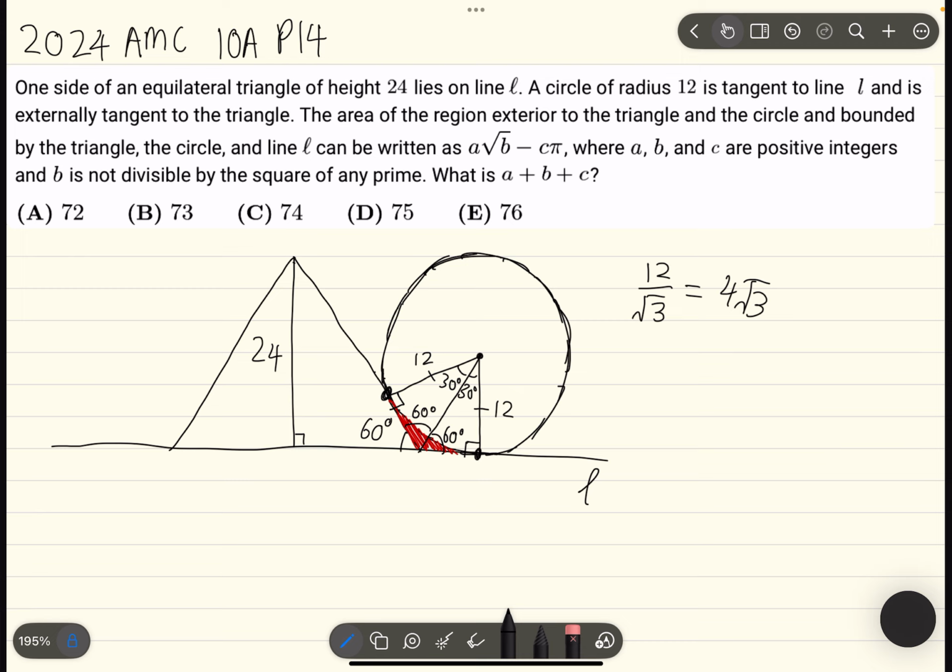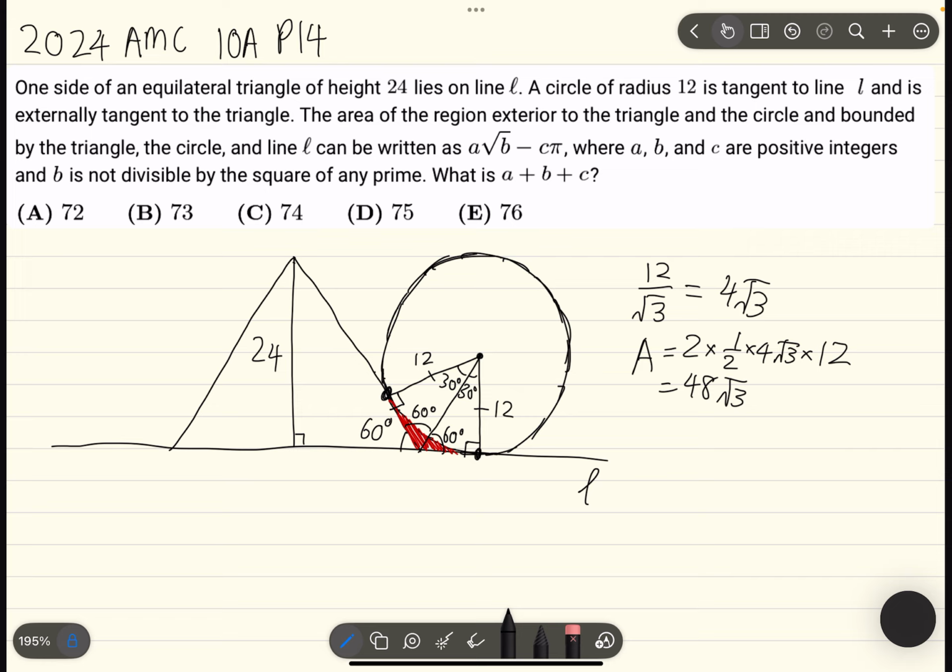Okay, so the base is 4 root 3. And that means the area of these two triangles would be 2, because there's two triangles, times 1/2 times base times height. And that gives us 48 root 3.